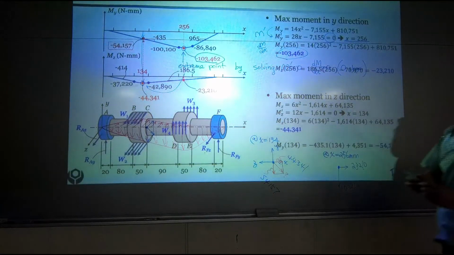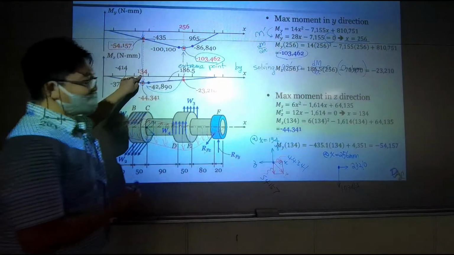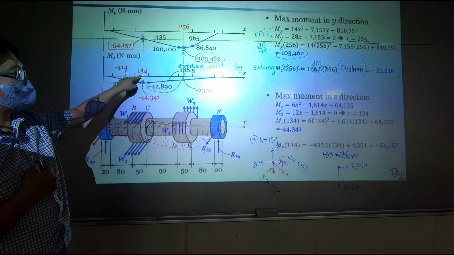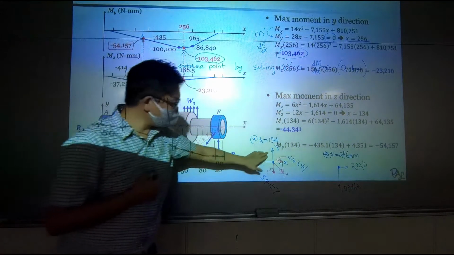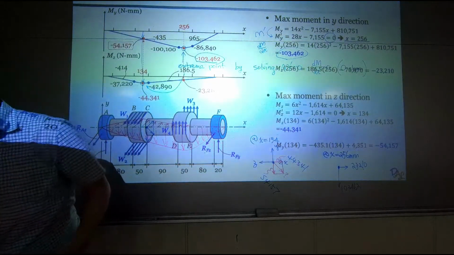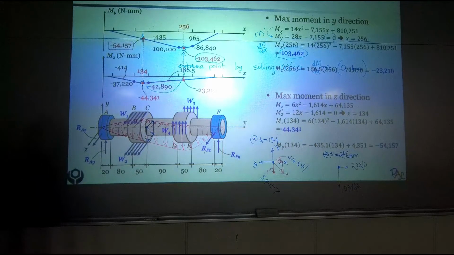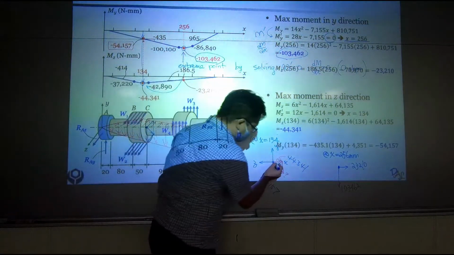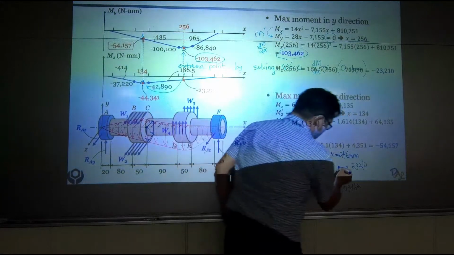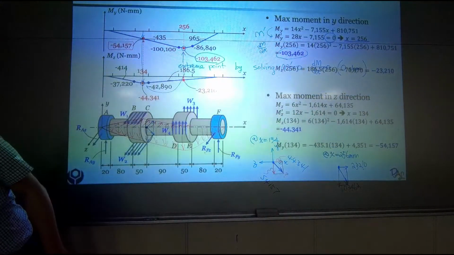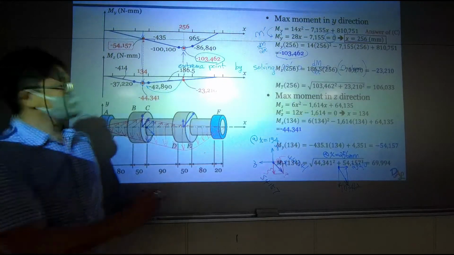So at different positions, they are having bending moments along two directions. You need to plot out in this way. Okay, you then calculate what's the overall bending moment you have. Okay? So I did.